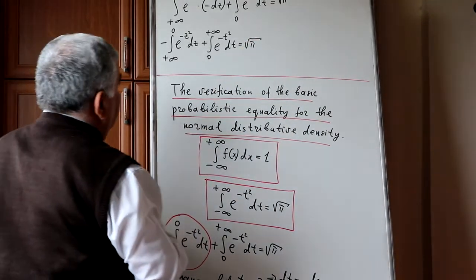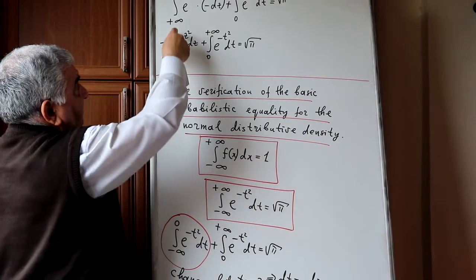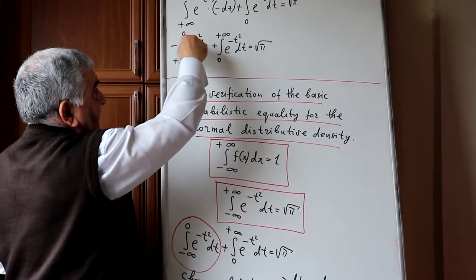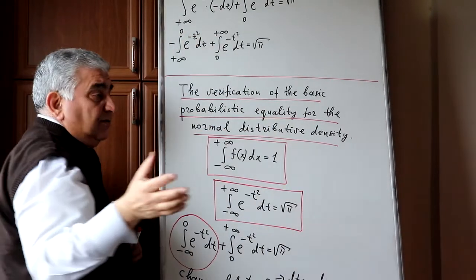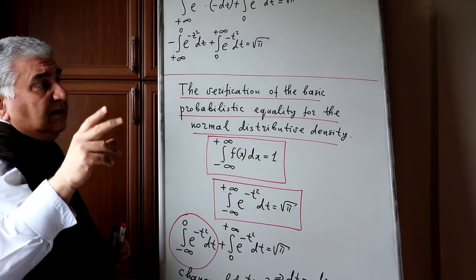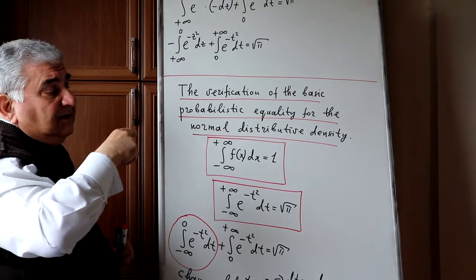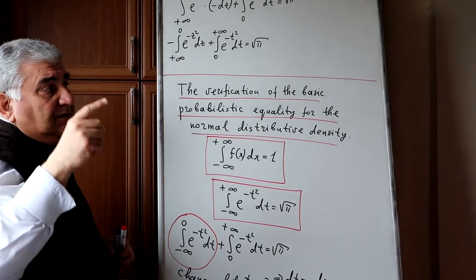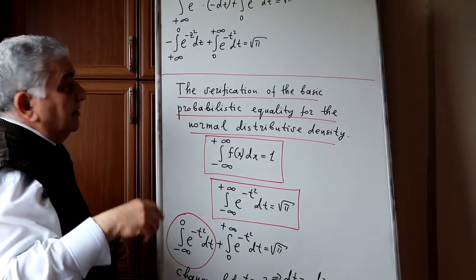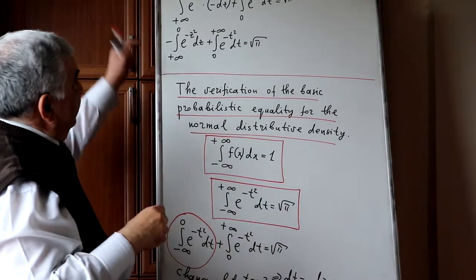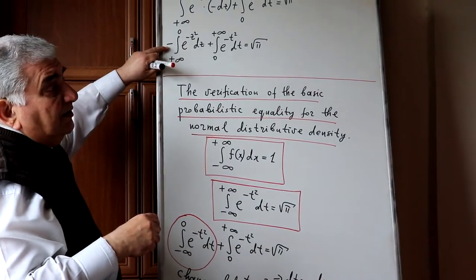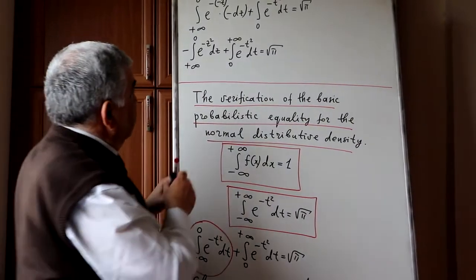Then change the places of the integral limits in the first integral. You know that if you change the places of the integral limits, this integral will change its sign, and therefore we will obtain a positive sign.